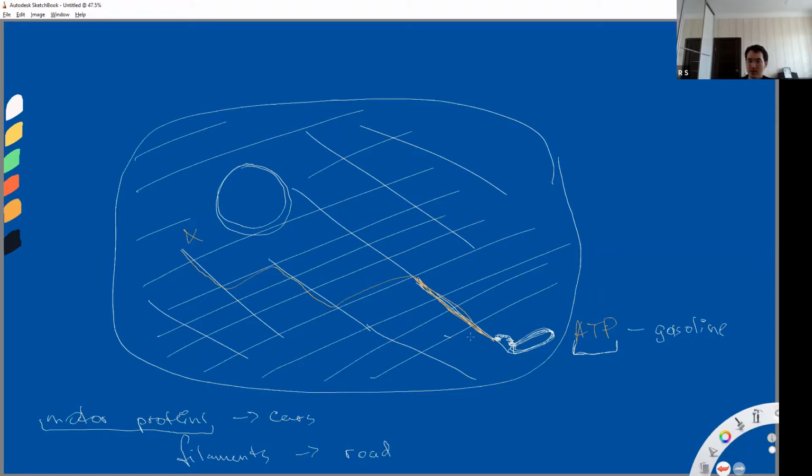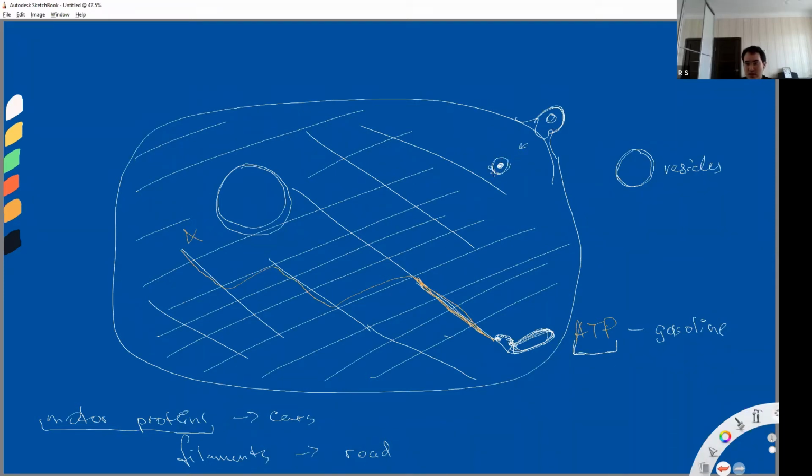So in this case, we have this intracellular transport, and not only organelles, but also nutrients, and usually nutrients are inside vesicles. And these vesicles are usually formed due to endocytosis. So let's say here we have the nutrient, and then these two parts bring it inside, and we obtain the vesicle with the nutrient.